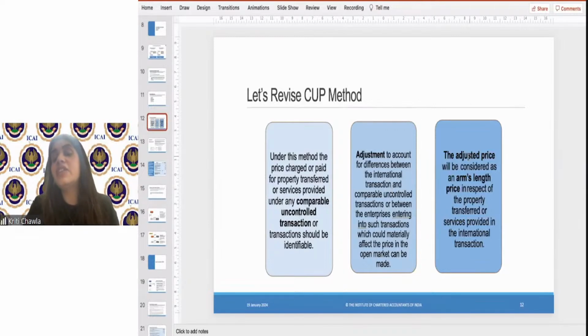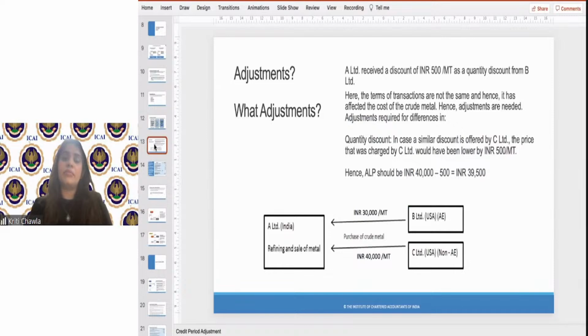And then the adjusted price will be considered as the arm's length price. So what kind of adjustments are we talking about? Can you give us examples of these adjustments? Yes, this is the example. What adjustments are we really talking about? Let's take an example of this adjustment. But any question before this?